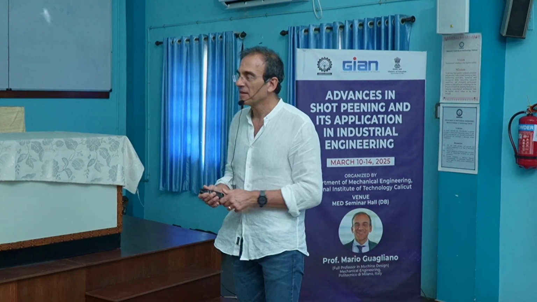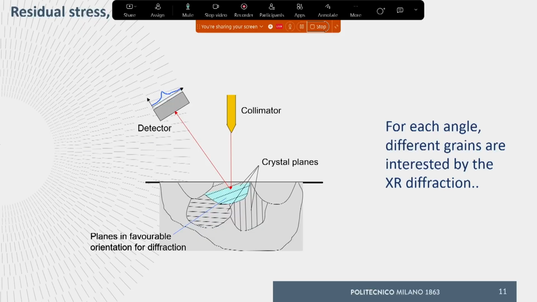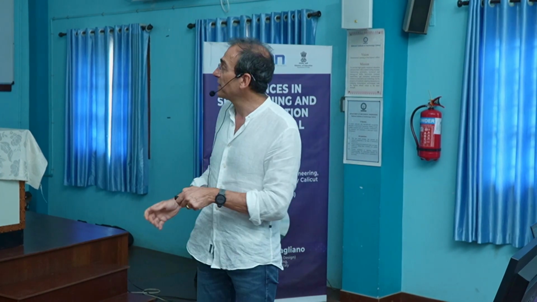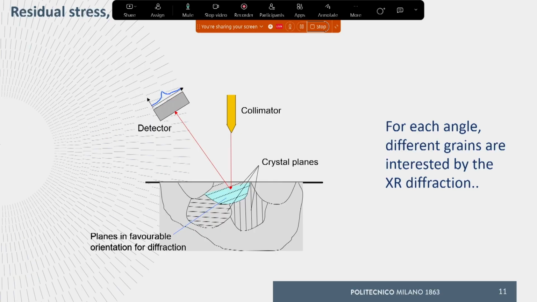Okay, and so let's see how XRD measurement for residual stress is done. We know that a metal, let's say a crystalline material, is formed not by a perfect crystal, but by many crystal grains with a random orientation. The material is the same, the microstructure is the same, at least if you have one phase and everything is uniform, but we have many grains with different orientations.